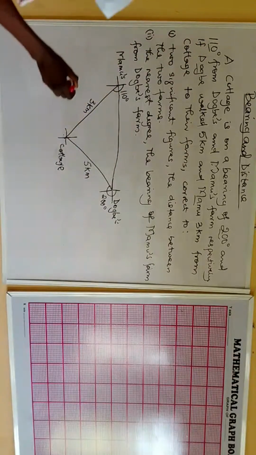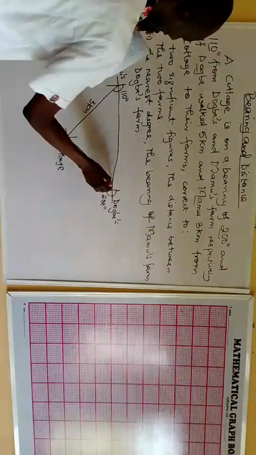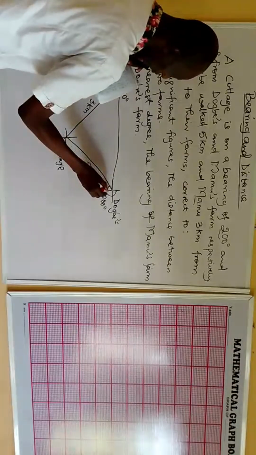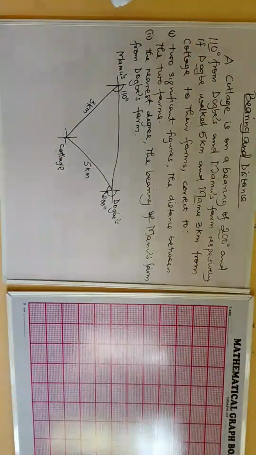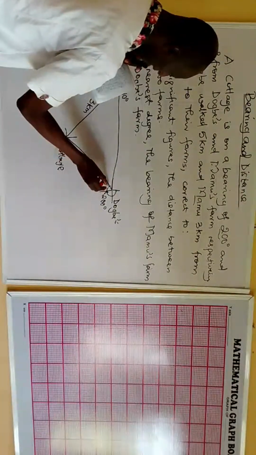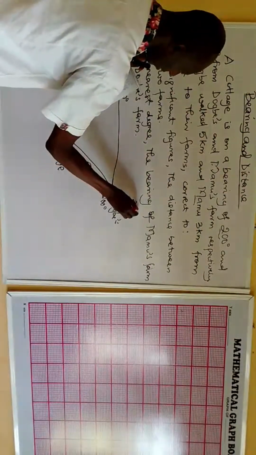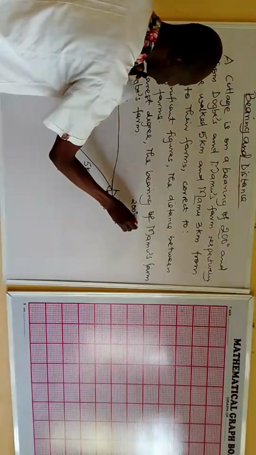Now, from here to here is 200 degrees, and when you stop here, it's 180. So what is from here to here is 200 degrees minus the angle in a straight line. From here to here is 110, and this is the angle in a straight line, which gives you 180.